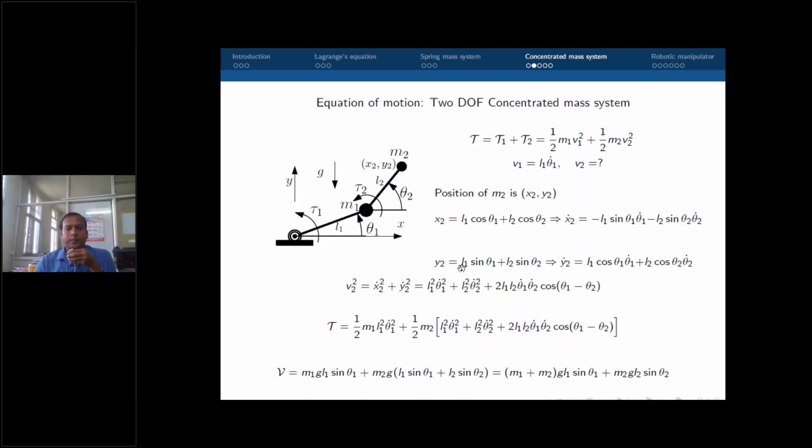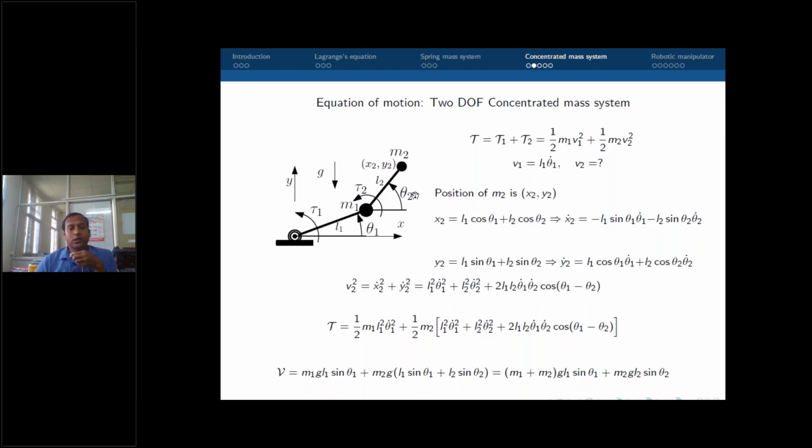Once we have these positions, what is the velocity v2 of mass 2? The velocity square will be equal to x2 dot square plus y2 dot square. Why is it so? Because the velocity component of mass 2 in the x direction is x2 dot and in the y direction is y2 dot, and these two are perpendicular to each other.